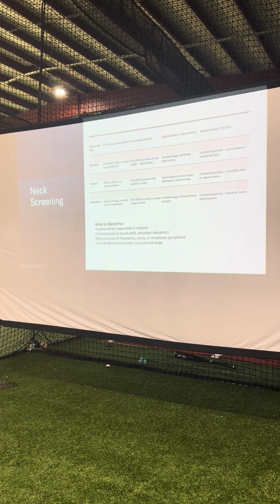This is all stuff to look at, any asymmetries inside. This is also super important because if they can't look this way, and obviously they can rotate a little bit while they're on the mound, it is important to understand how that influences how they throw and how they get their arm back.